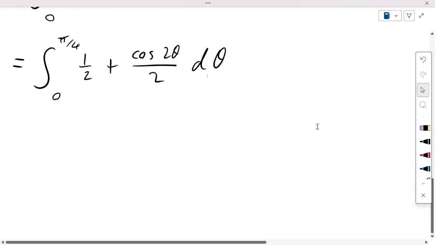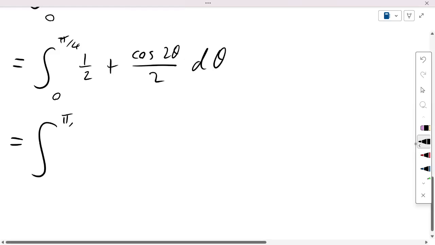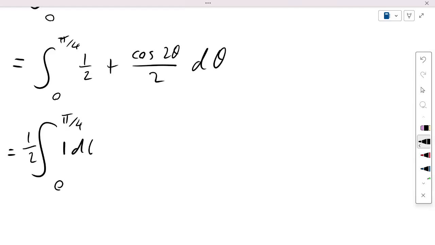And then what we can do now is actually break these up. You should know how to linearize these ones already. So we actually write it like this. It's going to be the integral from 0 to pi over 4, but as you can see, this is just a constant. So we can just take that constant to the front, and then this will just be 1 d theta, because 1 is the only thing that's there.